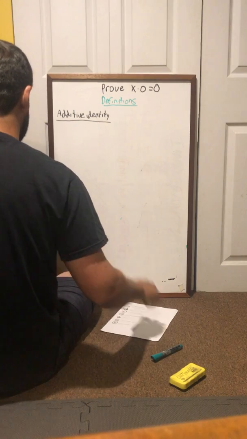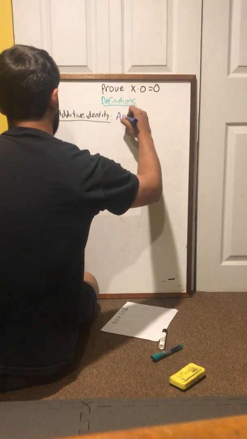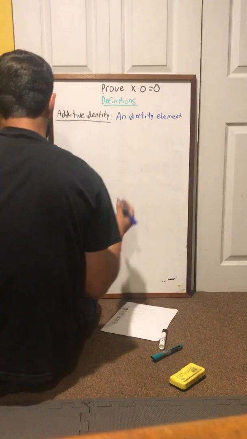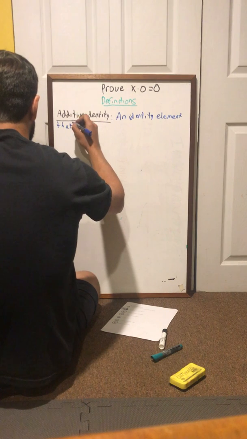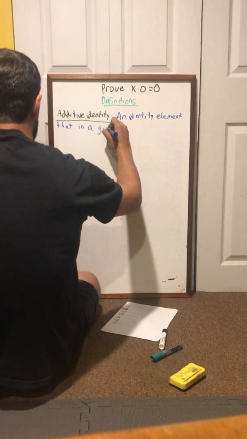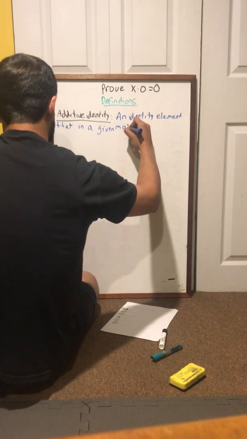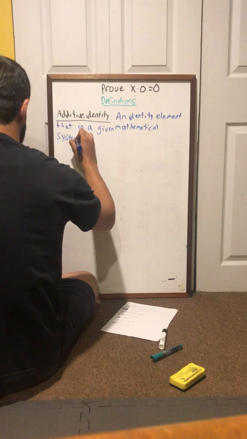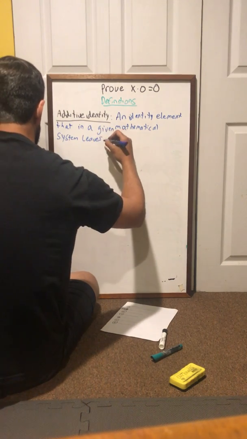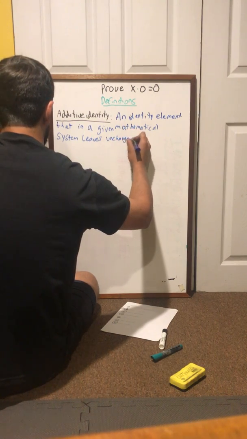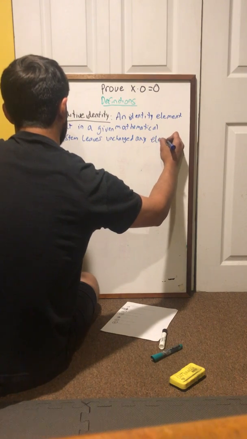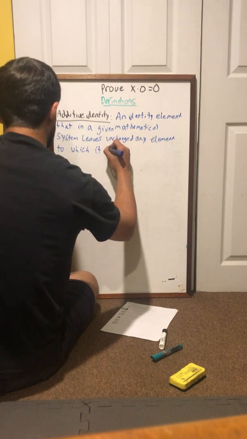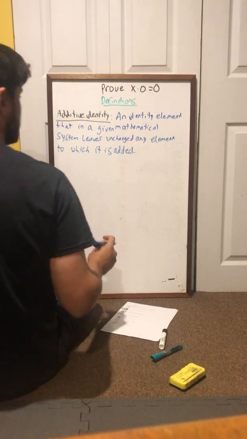So the additive identity is going to state an identity element that in a given mathematical system leaves unchanged any element to which it is added. All right, so a formal definition there.